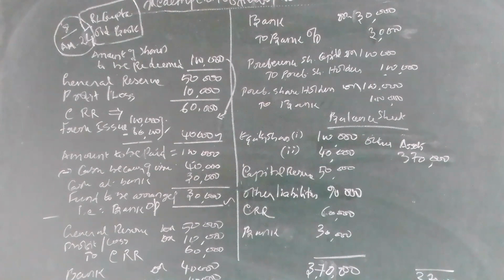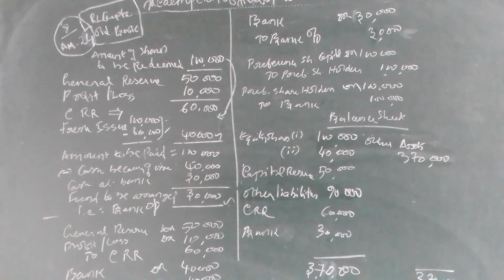Let us move to the actual problem. The amount to be paid is 1 lakh rupees, whereas the cash at bank given in the question is 30,000, and we raised cash by issuing equity shares, that comes to 40,000. So we only have 40,000 plus 30,000, total 70,000 rupees, whereas we have to pay 1 lakh rupees.